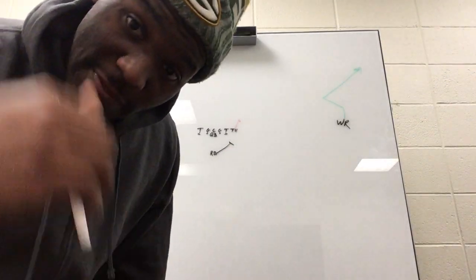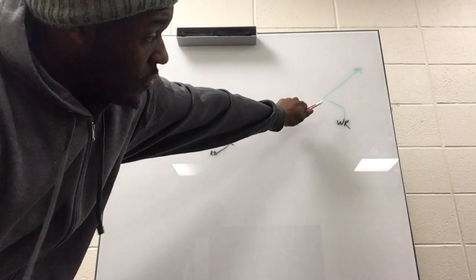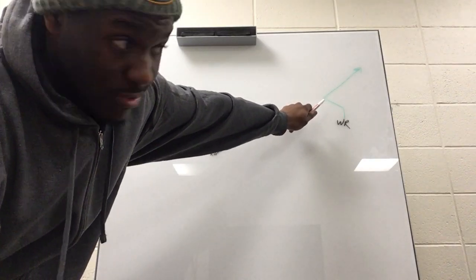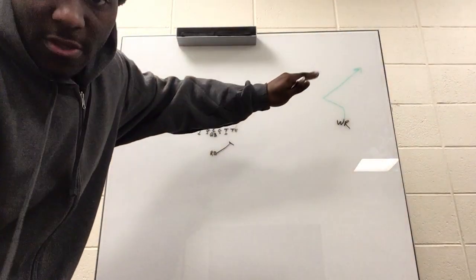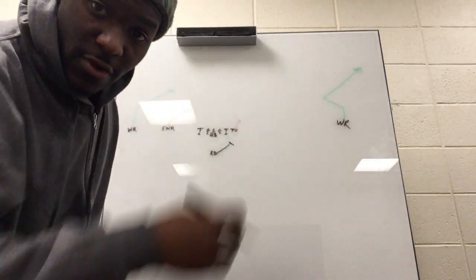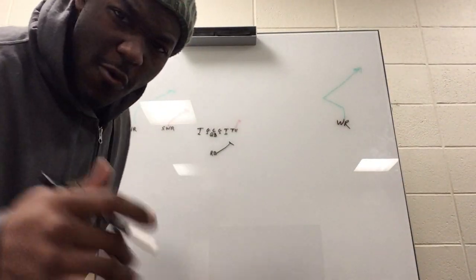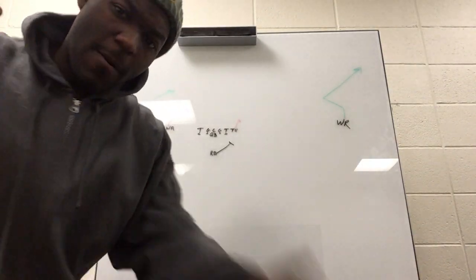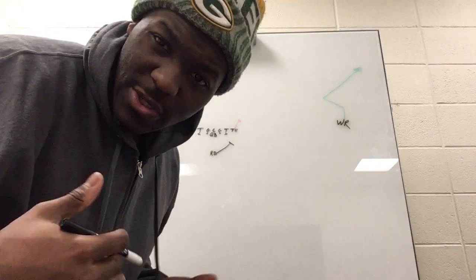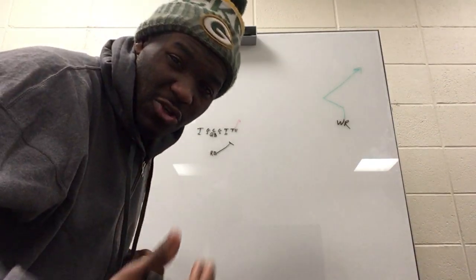Now the quarterback will execute a pump fake towards that slant, and then eventually he'll throw the ball and float it towards the corner. He'll float it against man coverage, and he'll throw a beam if he notices that it's cover 2 zone.